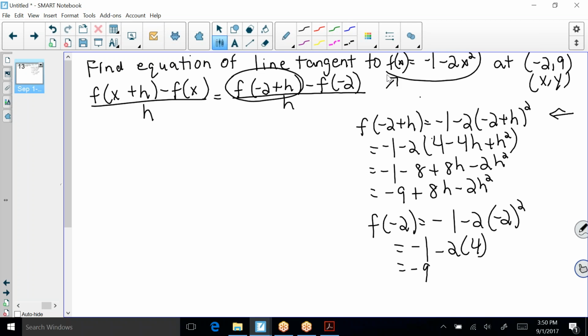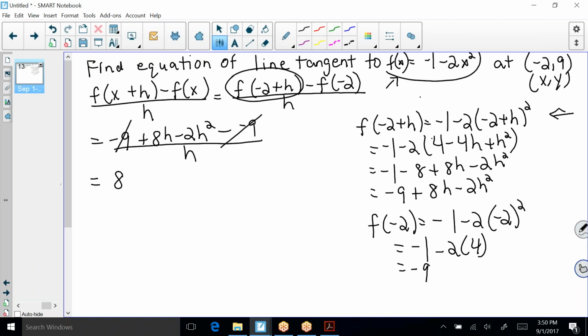All right, now that we have those two pieces done, we can continue over here. We found f of negative 2 plus h. That's negative 9 plus 8h minus 2h squared minus f of negative 2, so we have minus negative 9, and divide that whole thing by h. So this is negative 9 plus 9 at the end, so those are going to cancel out.